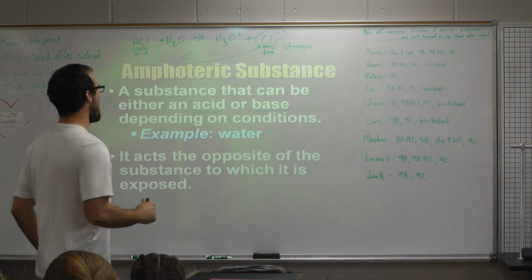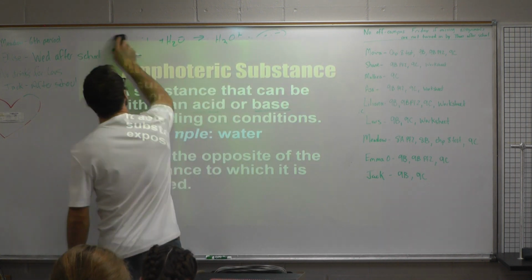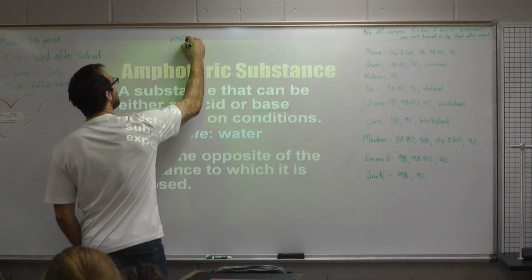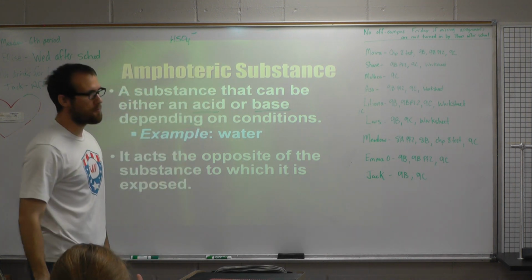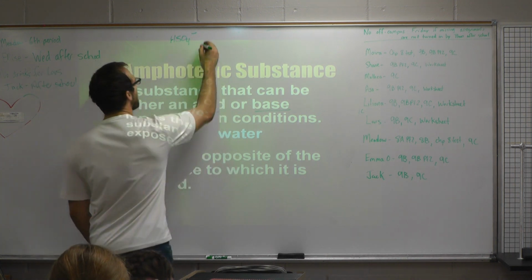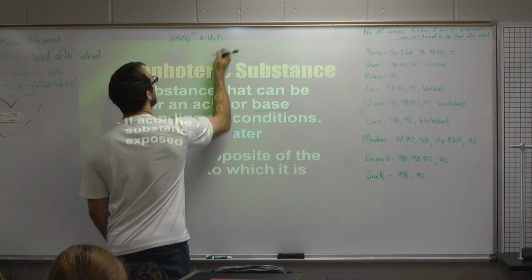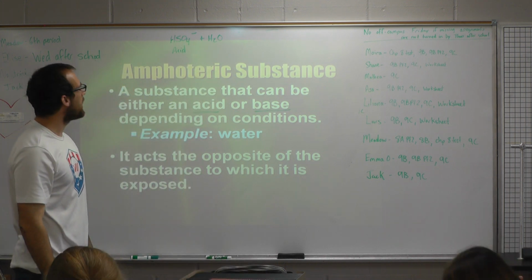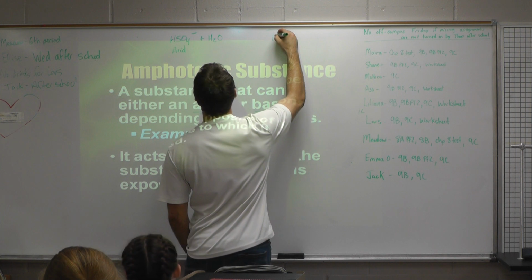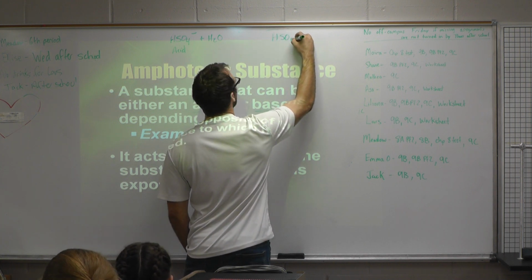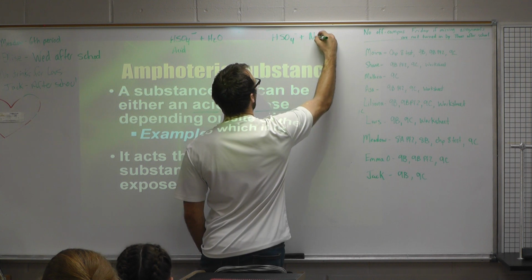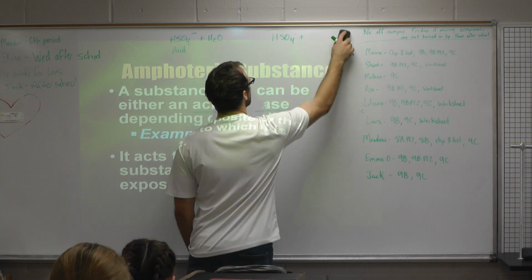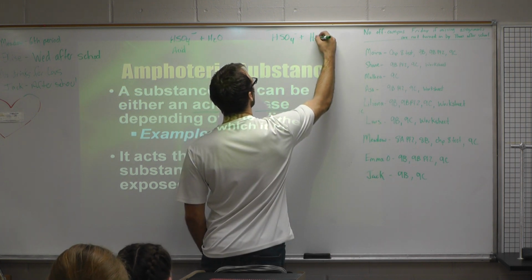Okay? Let's say I have something like this, HSO4 minus. If I put HSO4 minus in water, it will act as an acid. But if I put HSO4 minus with a strong acid, I thought HSO4 was an acid.